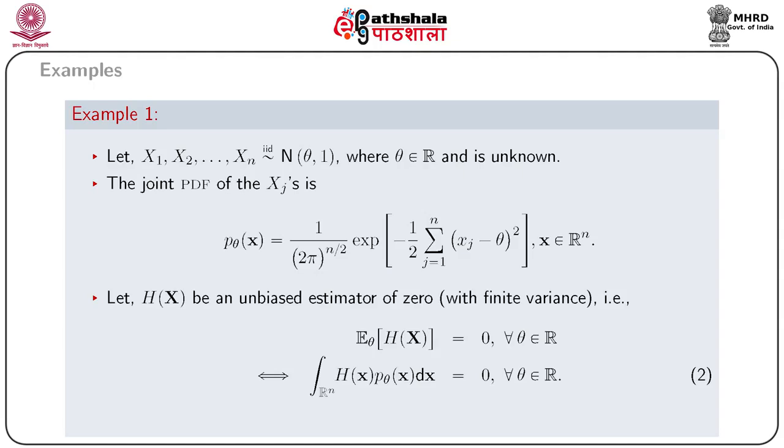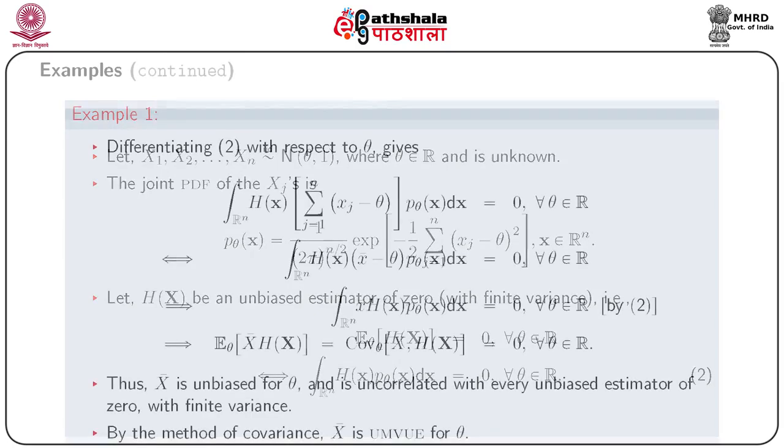Let H be an unbiased estimator of 0. That is, E[H] = 0 for all θ, which implies ∫ over R^n h(x) f_θ(x) dx = 0 for all θ.